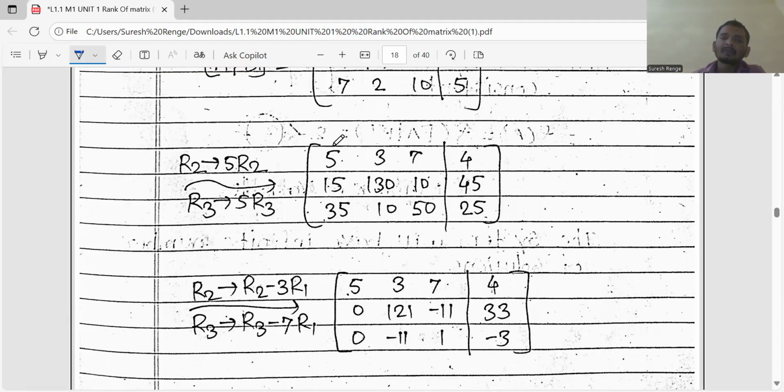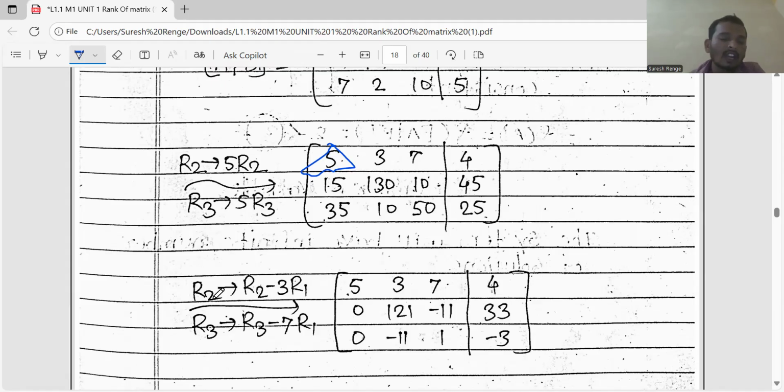Now the leading element in the first row is 5, and the elements below it are multiples of 5, so we can convert them into 0. To convert the matrix into echelon form, make the elements below the leading element equal to 0.